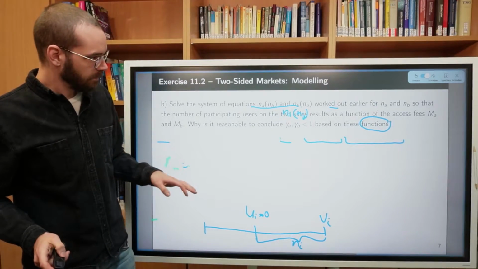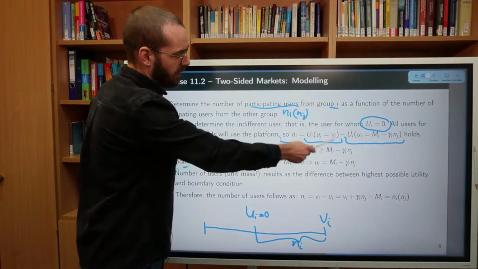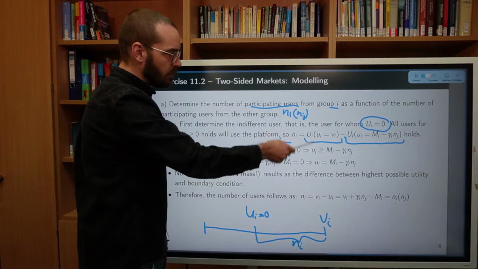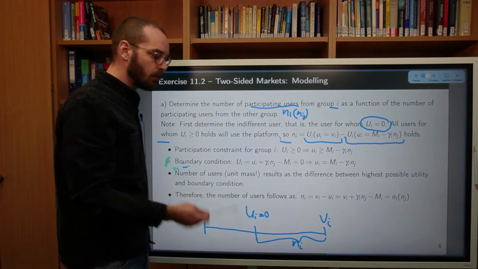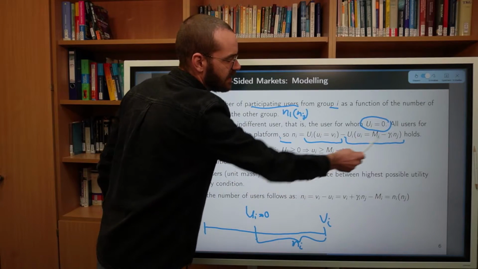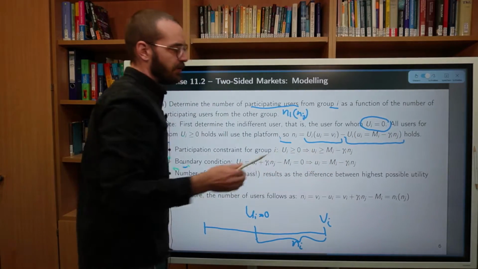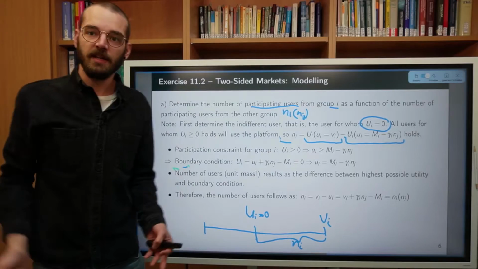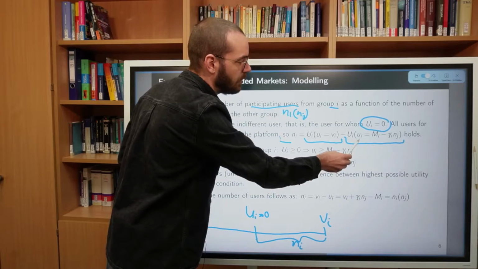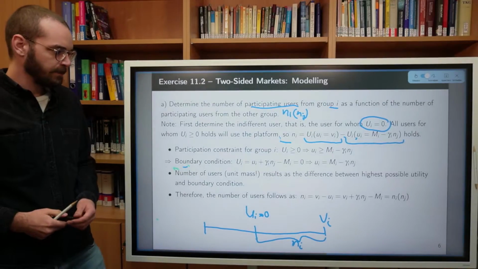So what we are doing here is, we are considering the difference between the utility of a user in the group who has the highest possible intrinsic value vi minus exactly this indifferent user, where we have already made use of this property that for the indifferent user capital UI equals 0. So for the indifferent user lower UI equals this expression, which I have lined out on the previous slide.